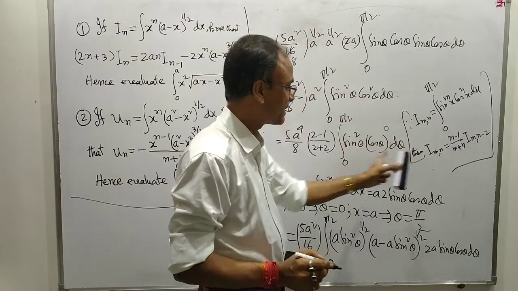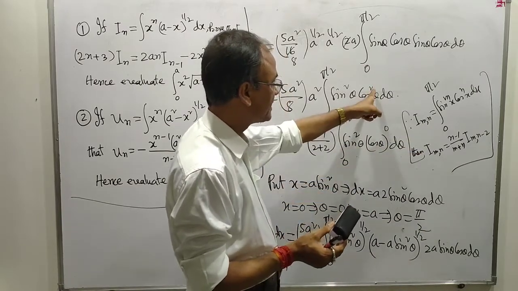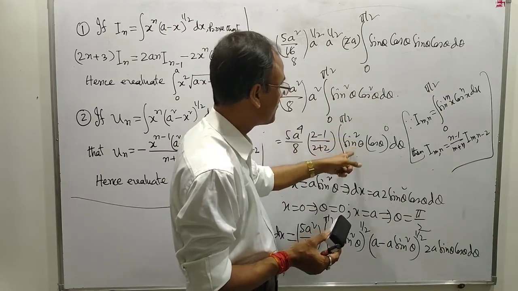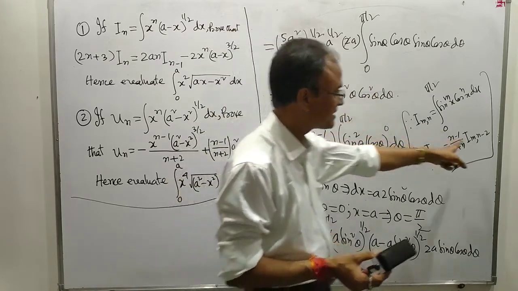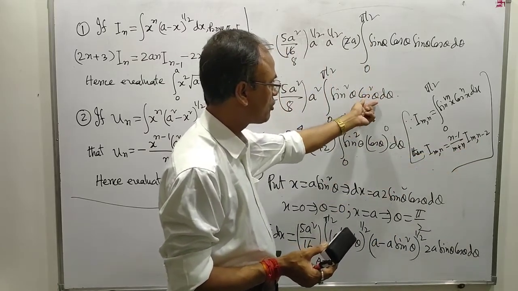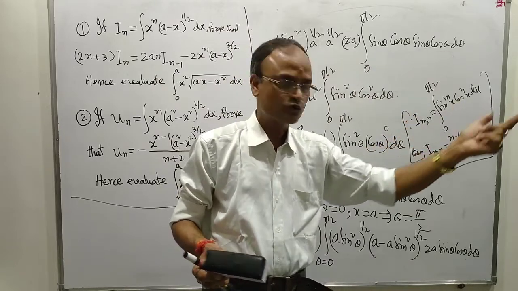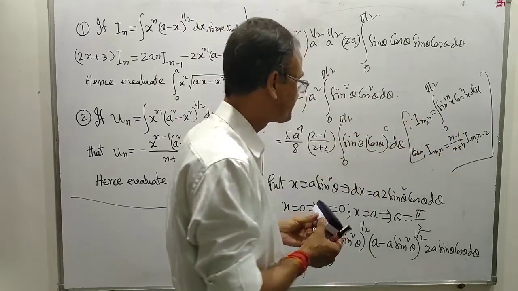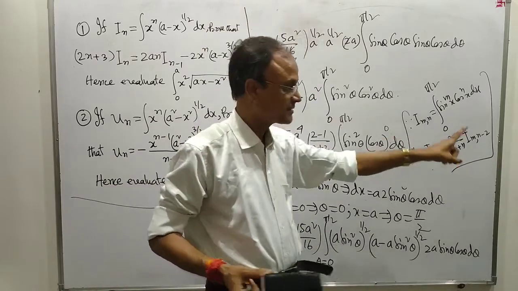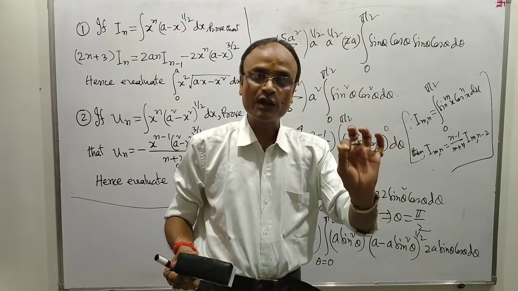This formula has been applied here. You see, n is equal to 2, 2 minus 1 divided by 2 plus 2. You can apply that formula also.